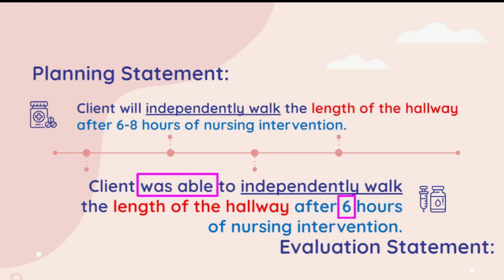At this point, you are now ready to evaluate your client, and this is the end of the nursing process. So you may now start writing your planning statement, your interventions, and your evaluation statement for your assigned case scenario.